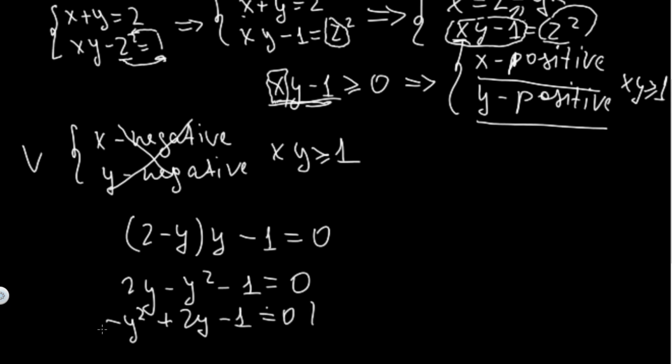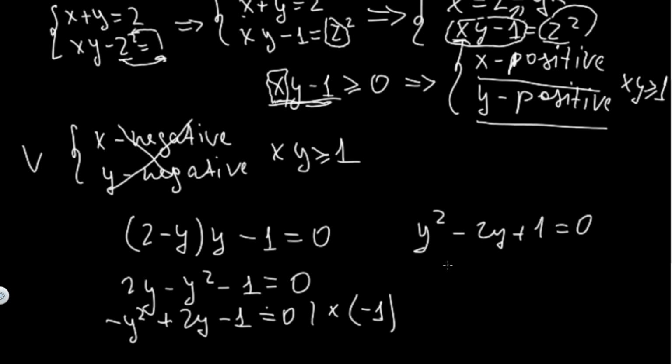We need to get rid of the minus, so we multiply by minus 1. We will have y squared minus 2y plus 1 equals 0.